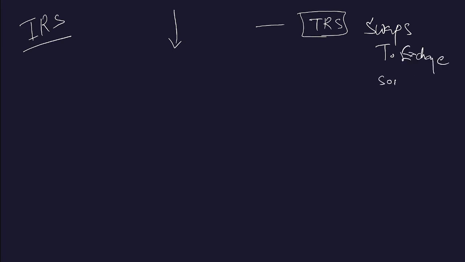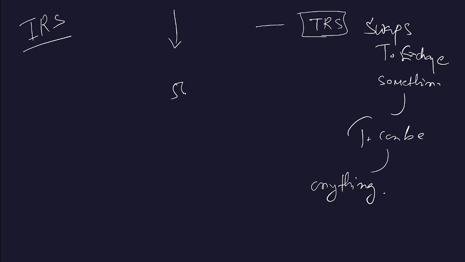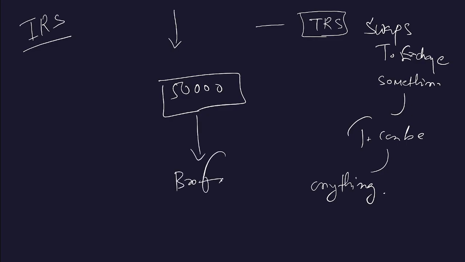Exchange something, and it can be anything. If you are ready to pay 50,000 per month, I'm ready to exchange my business profit with you. If you are ready, tell me, I'll sign the contract with you. This would be a TRS.